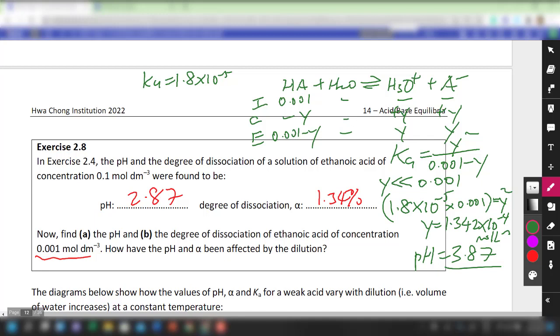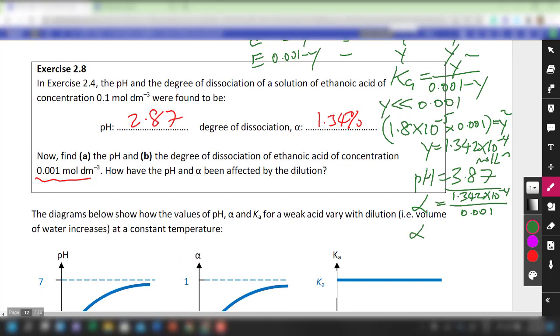Alpha is simply y, which is 1.342 times 10 to the power of minus 4 divided by the initial amount, which is 0.001, and then multiply by 100%. I think there's no more space, so you get what I mean. So I'm just going to punch the calculator and determine the value. Minus 4 divided by 0.001 times 100%. So I'm going to get 13.4%.